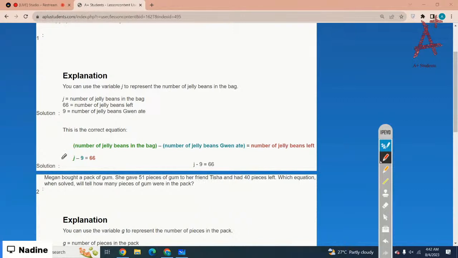So let's suppose the total would be G. She gave 51, so G minus 51. And after giving 51, she had left 40 pieces. So it would be G minus 51 equals 40, right? Let's just start with the practice questions.